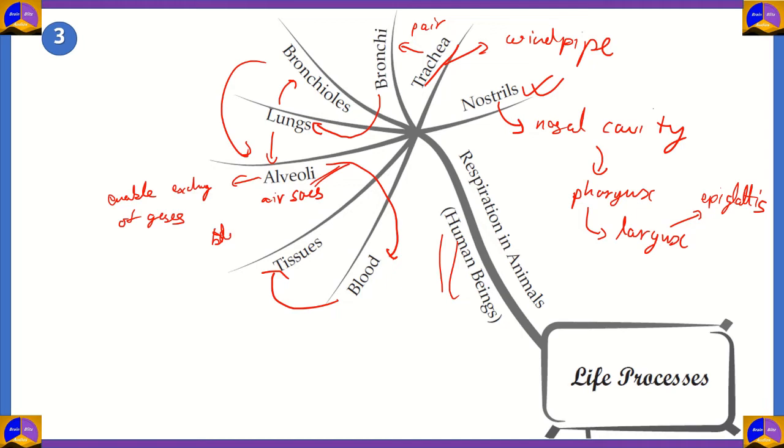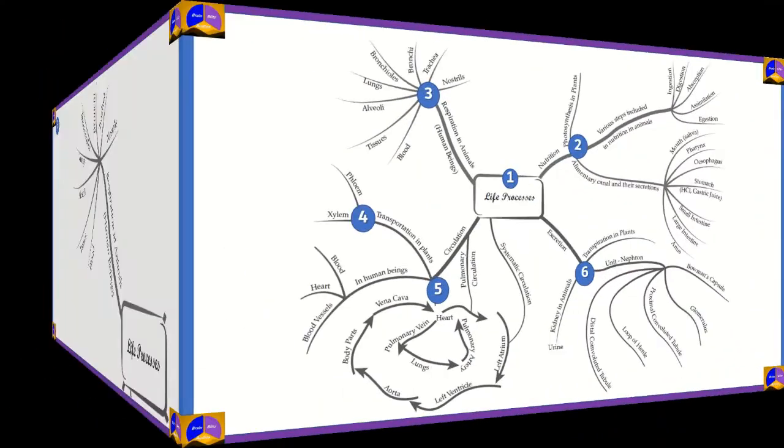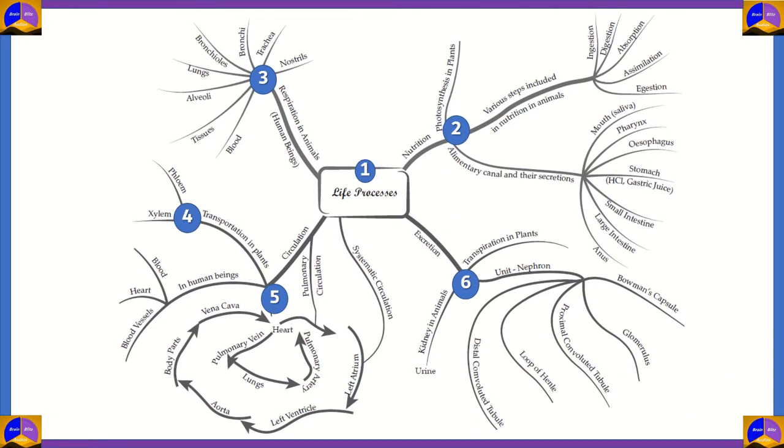So oxygen, along with the glucose and other energy components that we have, is turned into a usable form of energy, which can be used by the body to perform activities and also to create new building blocks. So you require energy for those. So that concludes respiration.